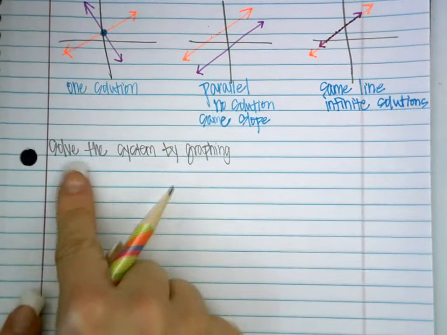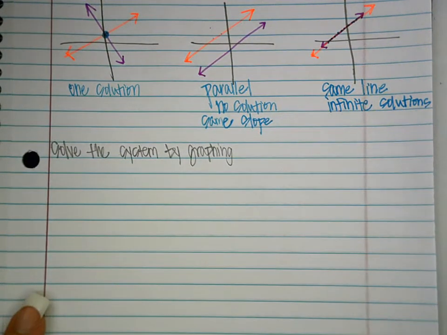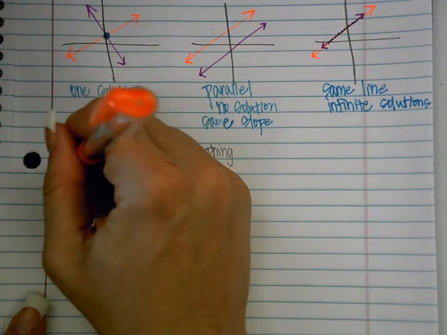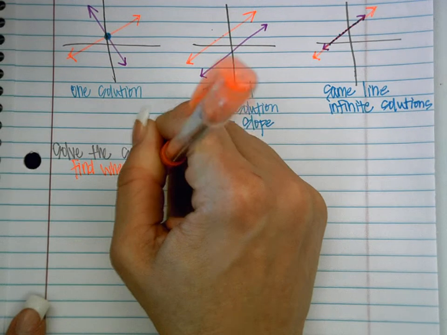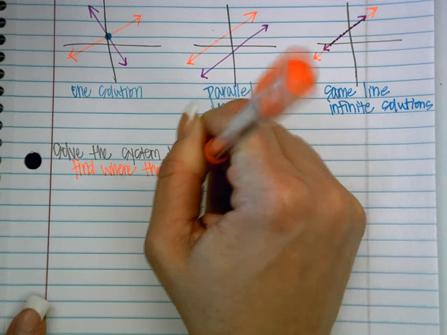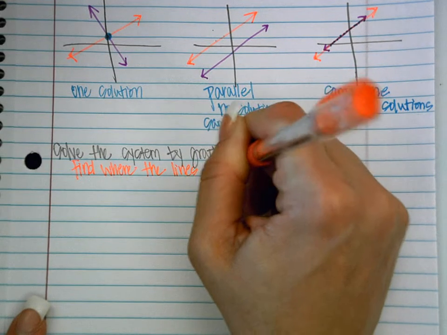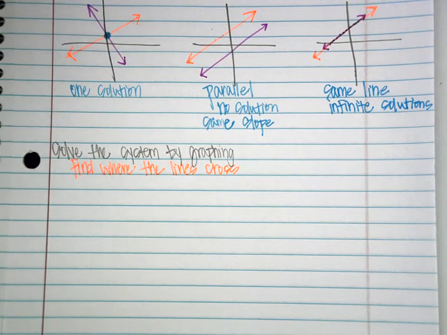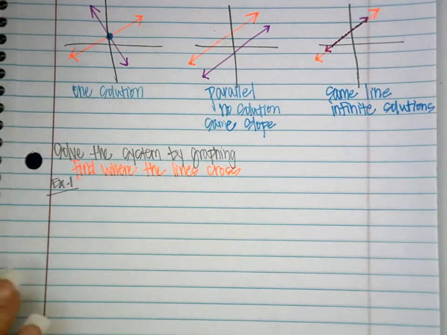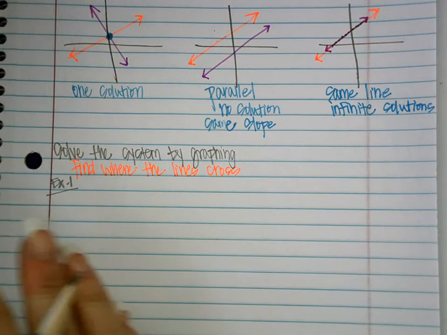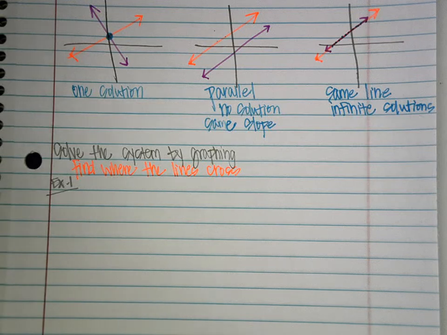And what that means when it says solve the system is find where the lines cross. Okay, find where the lines cross. And for example number 1, I'm going to give you the lines. I want you to find the crossing points of the lines.